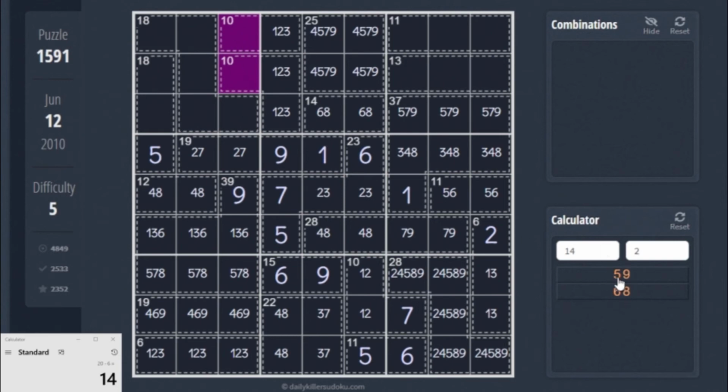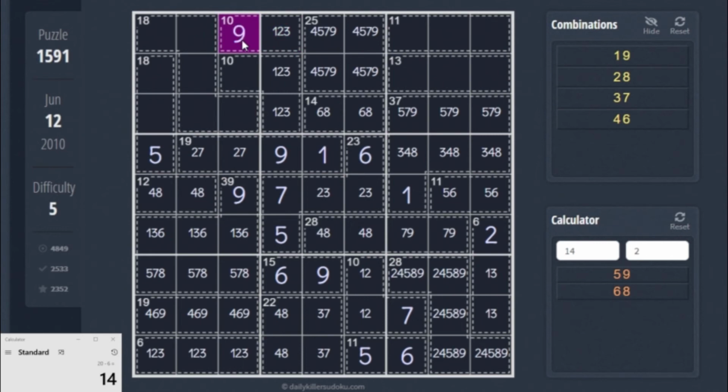We're going to have a look at the first candidate, 5 and 9. 5 cannot be put in here, because if we put 5 and then this is cage 10 with only 2 cells, which means that we have to put 5 here, which doesn't make sense. We can't put double 5 in one row, and especially in one cage.